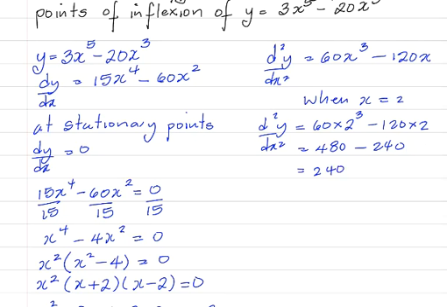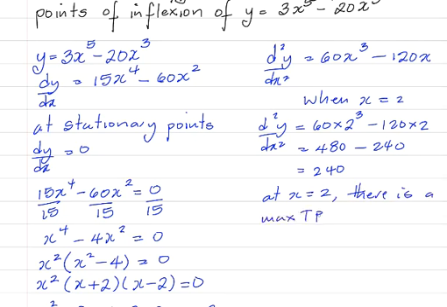So d2y by dx squared is positive. When d2y by dx squared is positive, we have a minimum turning point. So at x is equal to 2, there is a minimum turning point.